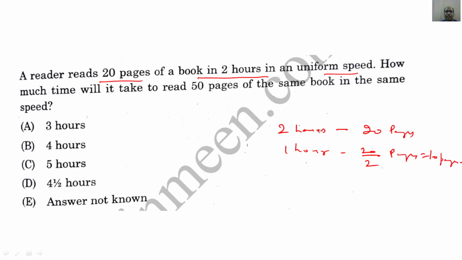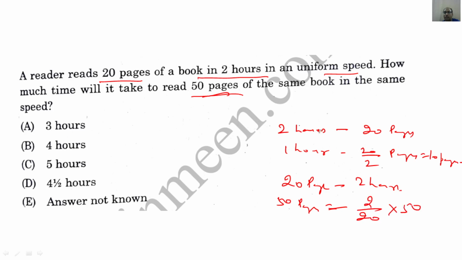So how much time will it take to read 50 pages of the same book? You can write 20 pages, 2 hours, 50 pages, so 2 by 20 into 50. So this cancels, and 5 hours will be the answer.